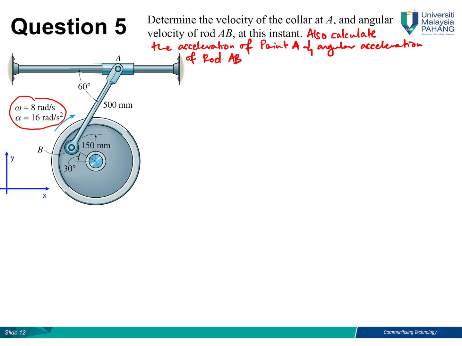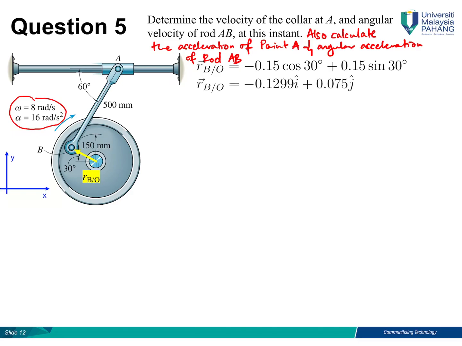Okay, let's just revise what we did before. We are going to start by calculating VB. We need to know what RB/O is. It is given the length of OB is 0.15 meter.